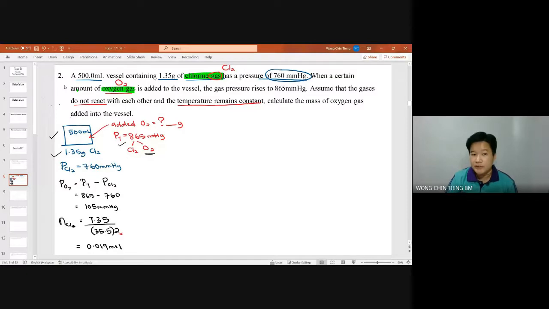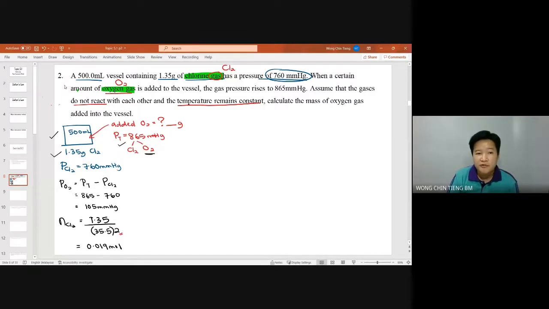Okay, kalau tak setuju bagi tahu. So, what Sabila do when you get the number of mole and the partial pressure of everything? So, what we do is we find the mole fraction. I heard the word mole fraction. So, I will be, Sabila, finding the mole fraction of oxygen or chlorine? Of oxygen. Of oxygen.